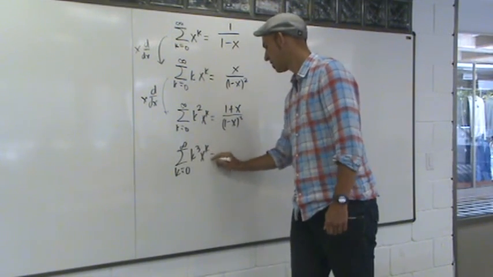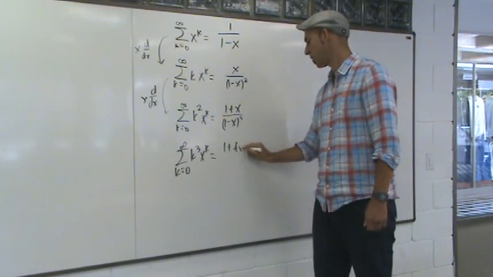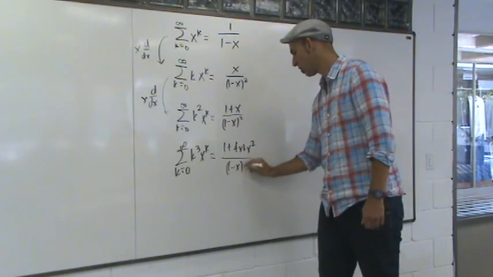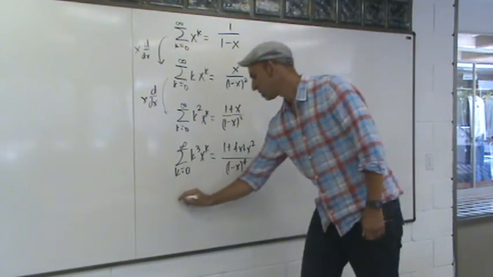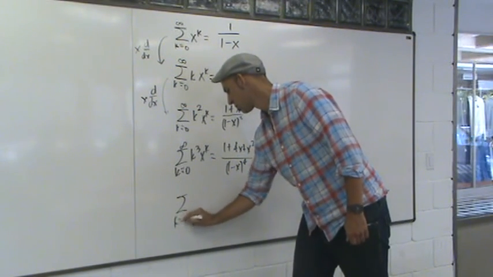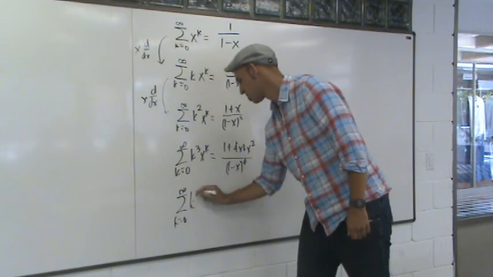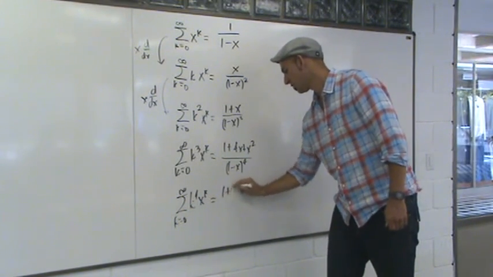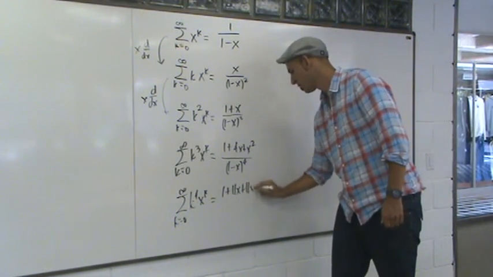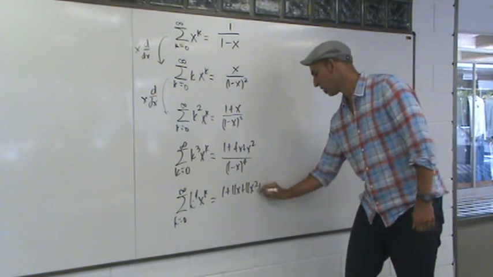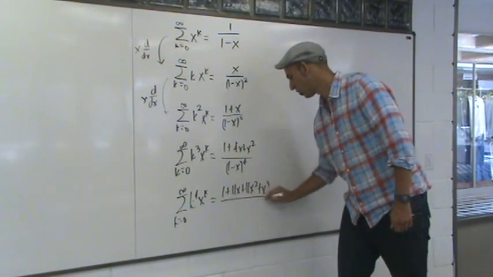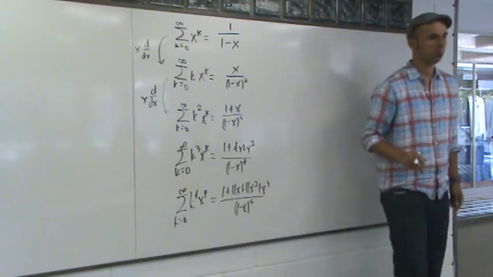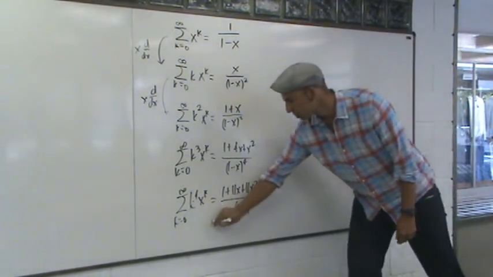I'll tell you what the next one is. You get 1 plus 4x plus x squared over 1 minus x to the 4th. I can tell you what the next one is. It's 1 plus 11x plus 11x squared plus x cubed over 1 minus x to the 5th, and so on.